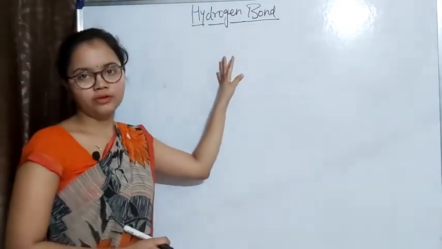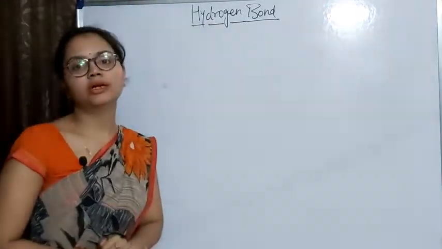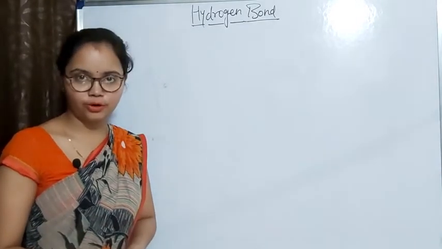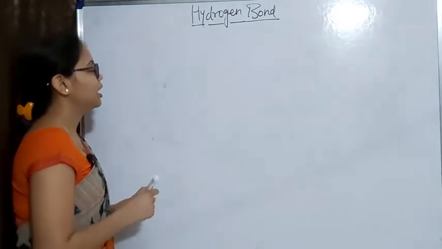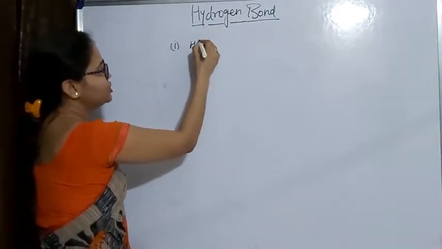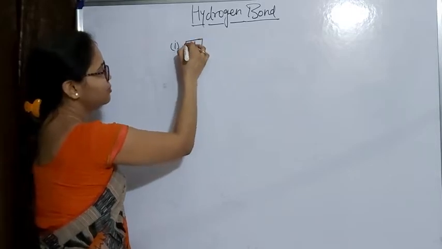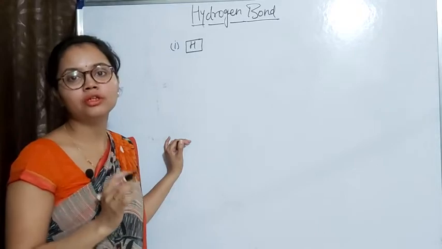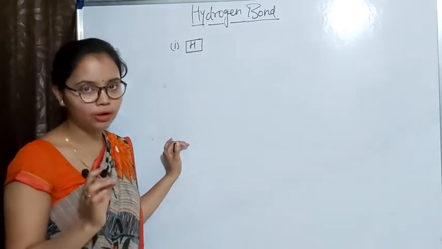First of all, I will tell you about the conditions which are required for the formation of hydrogen bond, okay? The first condition is that the presence of a hydrogen atom is a must. For hydrogen bonding, a hydrogen atom should be there in the molecule.